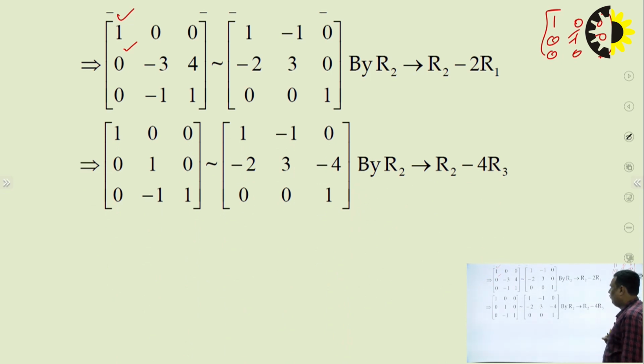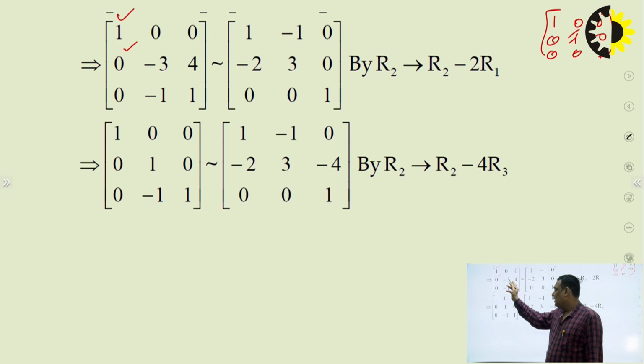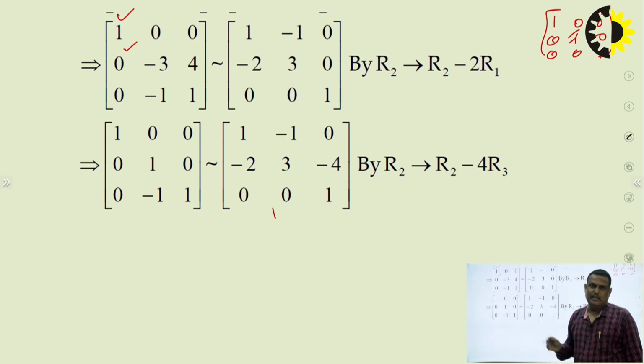So what will be introduced? R2 minus 4R3. Why? Here minus 1, here minus 3, if we multiply by 4 in R3 and subtract here, so minus 3 plus 4, so 4 minus 3 is 1.